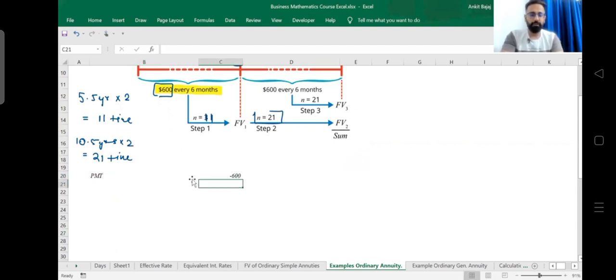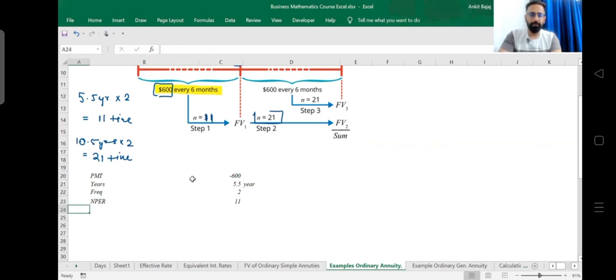If I talk about years, for the first calculation she will be investing for 5.5 years. Then the frequency is 2, so it is 2 times. So what will be the NPER? NPER is going to be 5.5 times 2.